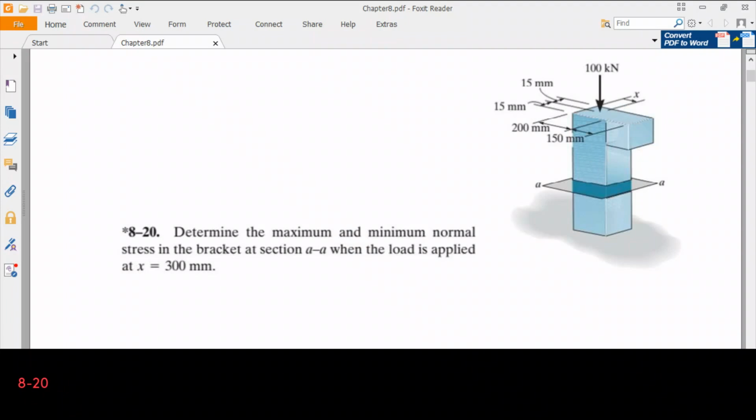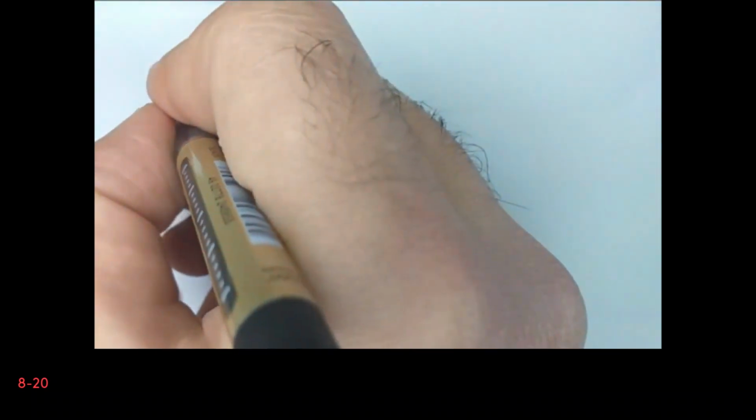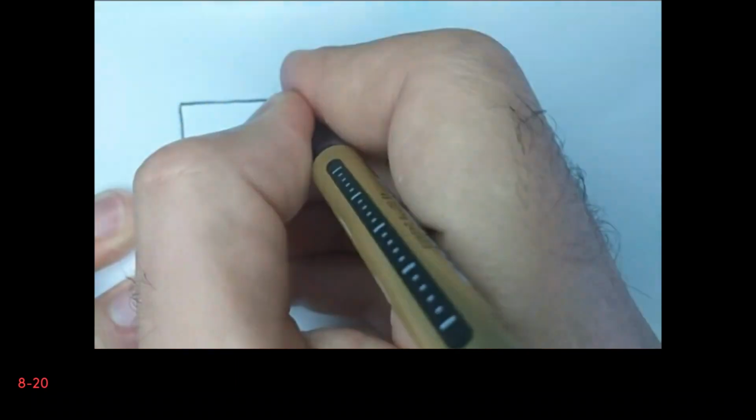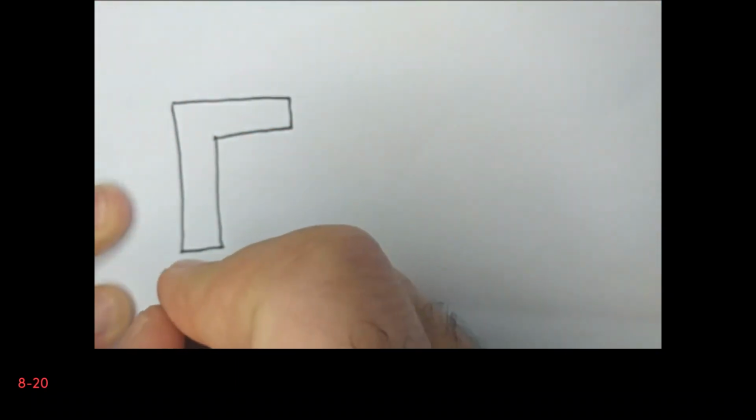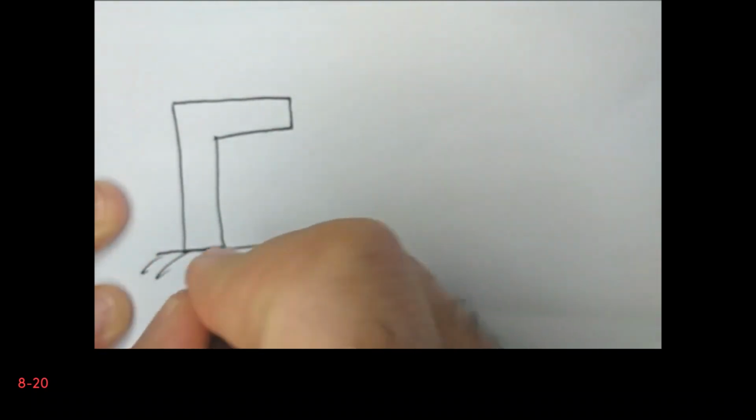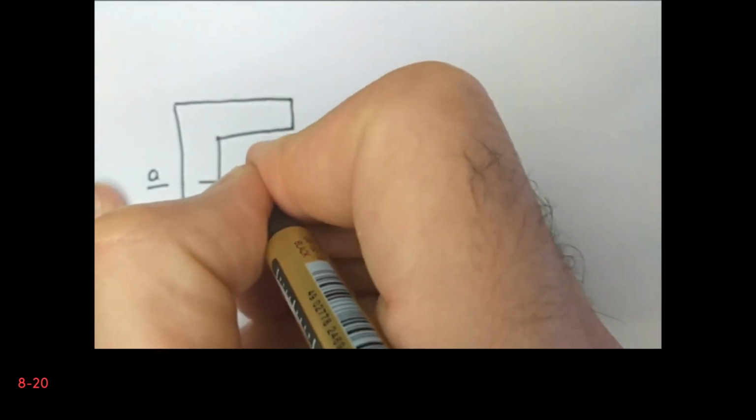So let's begin by making some drawing, and so this is our bracket. We have the base here, and our cross section AA is somewhere here, and the force is acting here.